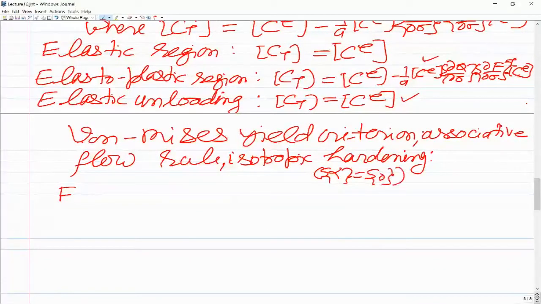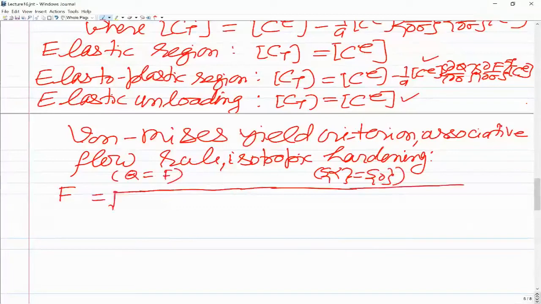Associative flow rule means Q is actually equal to F, and of course von Mises yield criterion. So for this, your F is going to be in terms of equivalent stress. It is also known as J2 flow theory. So equivalent stress would be, I am writing the final expression.